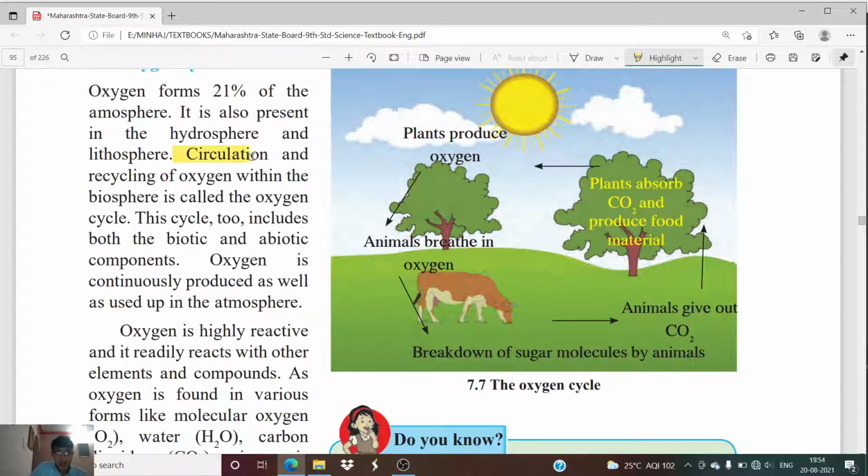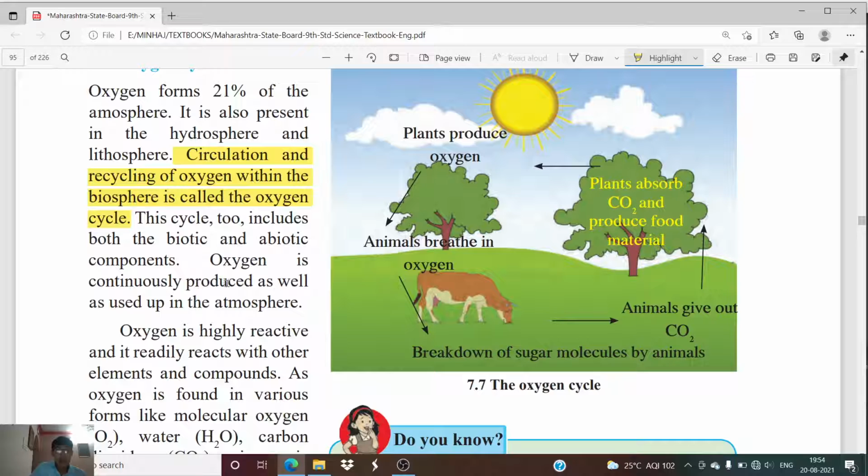We all know that oxygen is released from the plants and it is utilized by the animals. This cycle too includes both biotic and abiotic components.